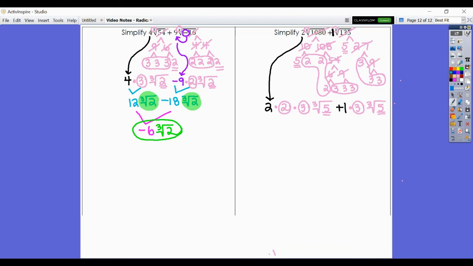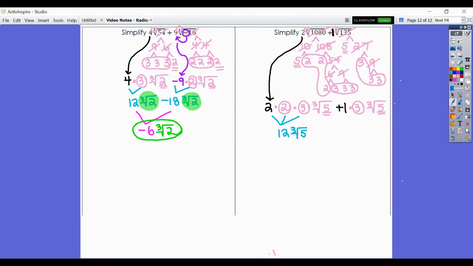Now, what I do is I make sure to multiply all numbers in front of my radical before combining these two terms. 4 comes from 2 times 2, and then I multiply 3 here to make 12. That's what I got from 2 times 2 times 3, and that's 12 cube root of 5's.